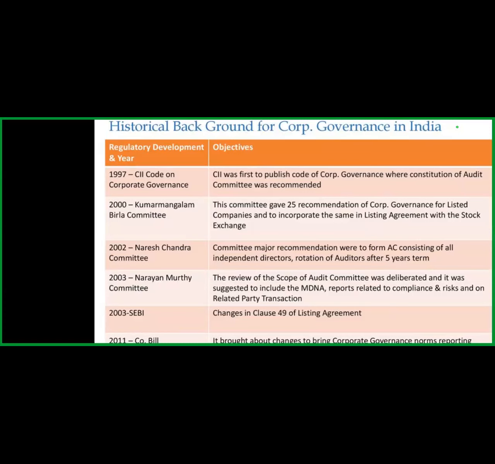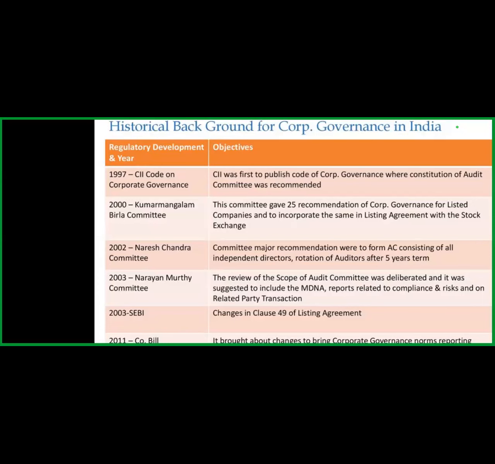So exact profit, suppose the company has earned a profit of say 100 crore rupees, and they are manipulating the profit through n number of channels, by using various loopholes, and they are showing say 500 crores of profit or maybe more than that to attract more investment. That is not allowed.